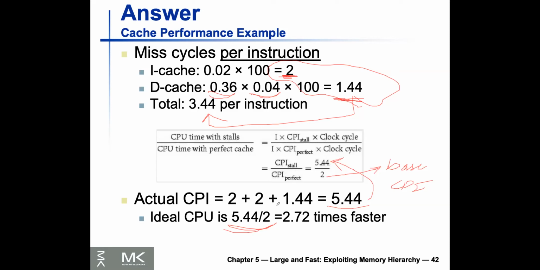That's the overall new CPI with the stalled CPU. Is it clear? Shall we continue?